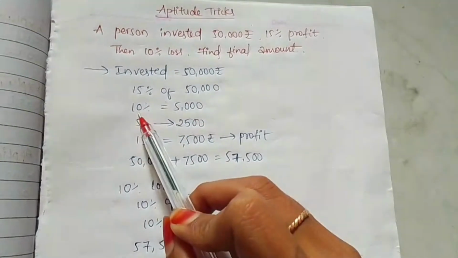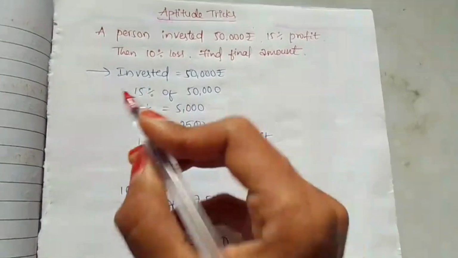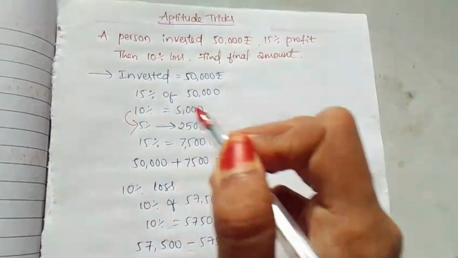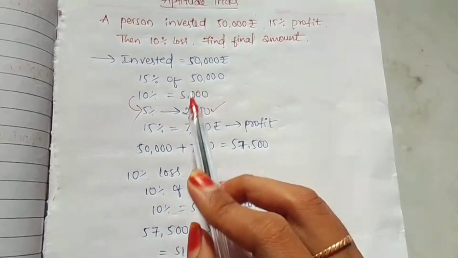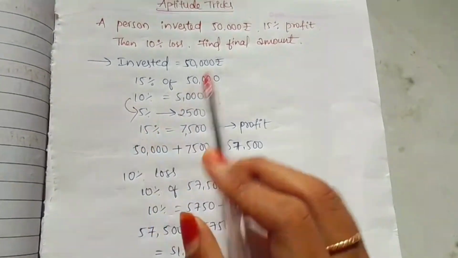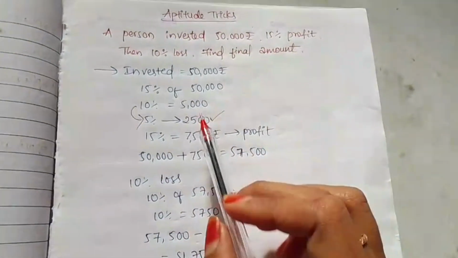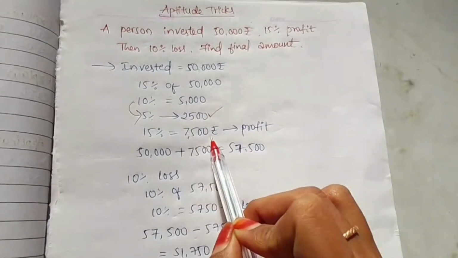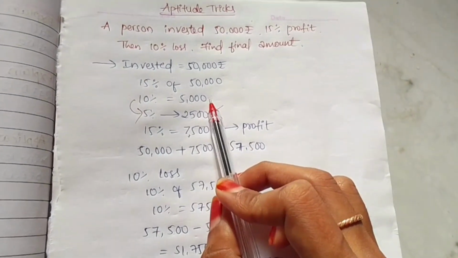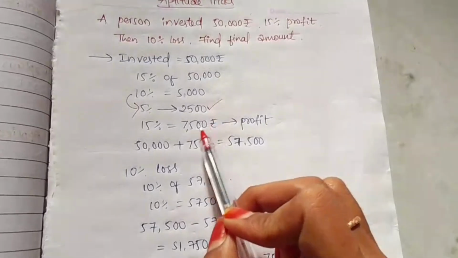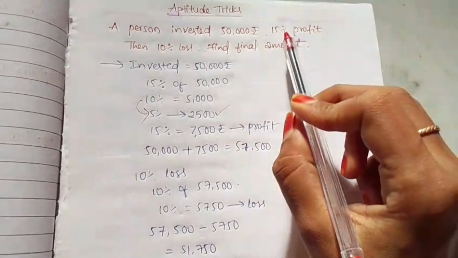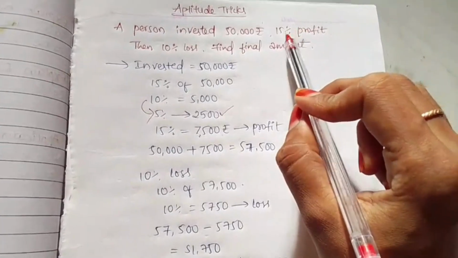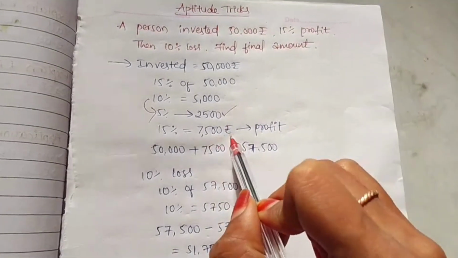To find the 5% of that, take half of that 10%, that will be 2,500. I have to add the 5,000 and 2,500. I'll get 7,500. This is the profit he got after 15%.